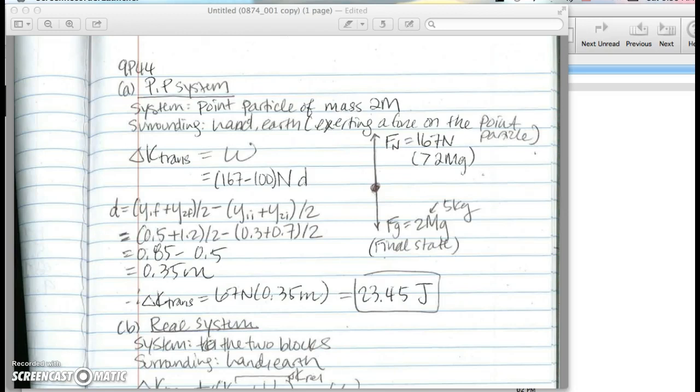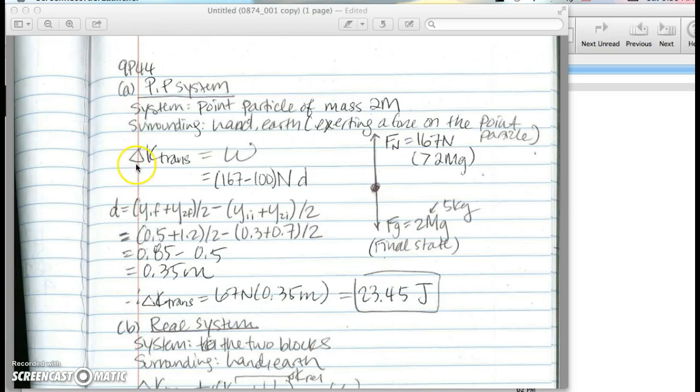The surroundings therefore would be the hand that is exerting a force on the point particle, Fn, the contact force, and also the earth, which is also exerting a force on the point particle. And in this system, we only analyze the change in K trans.